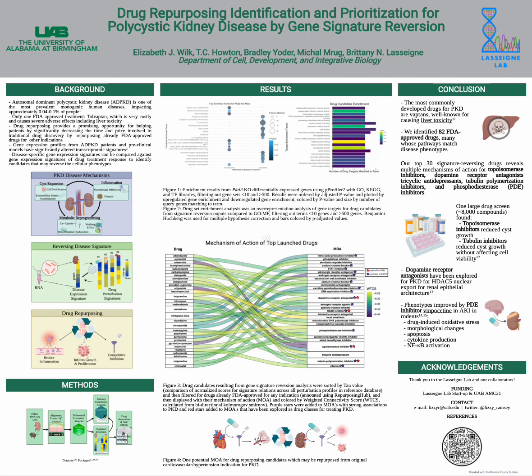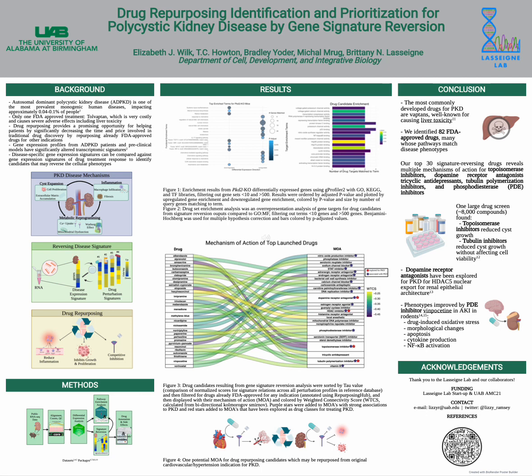So most of the drugs developed for PKD that are being worked on are vaptans, which again have continued to show severe liver toxicity. So there is a total of 82 already FDA-approved drugs that came up with the signature reversion method.